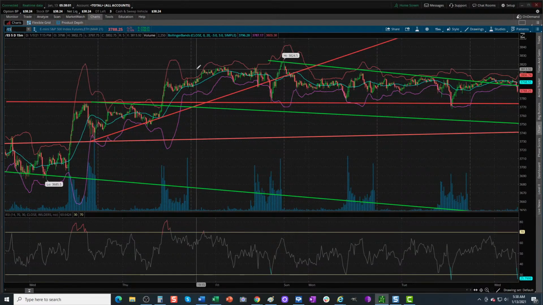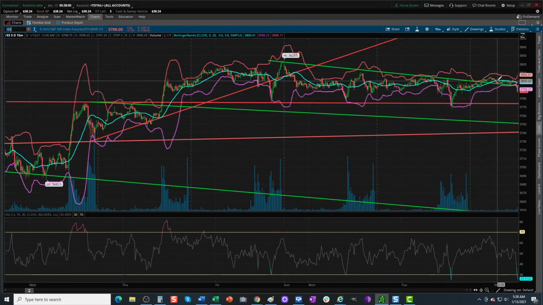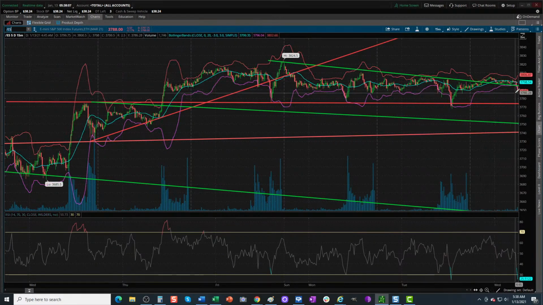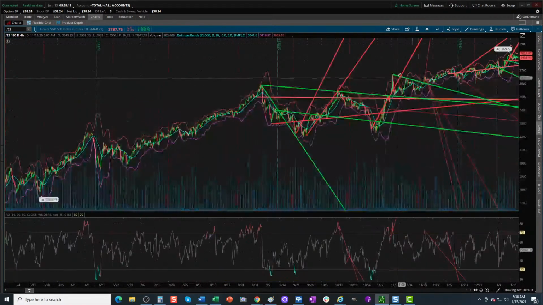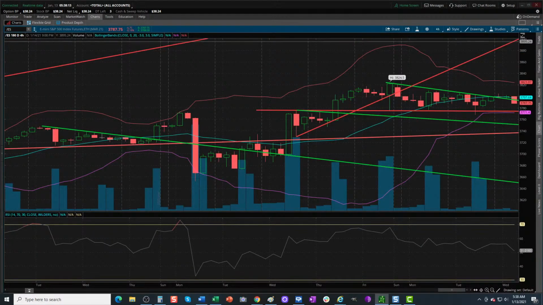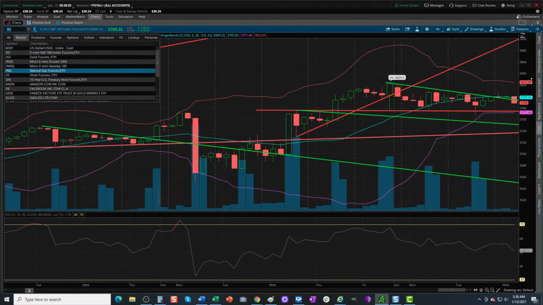Yeah, the S&P 500 is now, we had broken out. Now we're failing to hold it. 4-hour chart. Wow. This bar doesn't close until 9 a.m. So a lot can happen here.